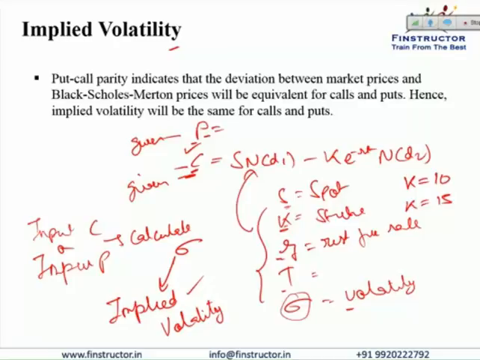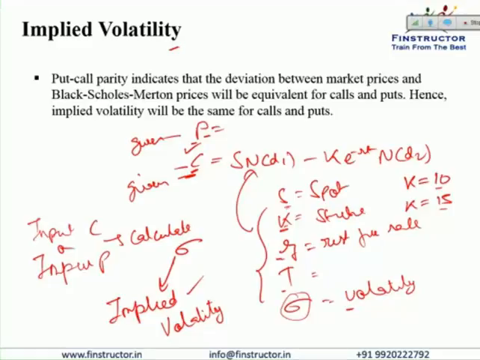So, would you not expect that when you compute the implied volatility from the prices of options with a strike price of 10 or 15, the implied volatility should come out to be the same? Yes. However, many a times in the real world, we've seen that this does not happen to be so.